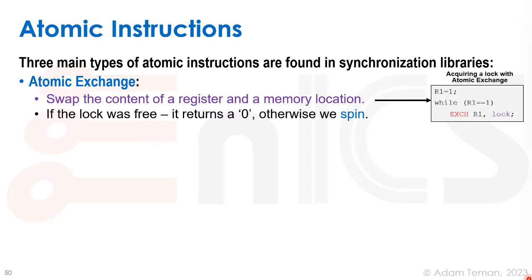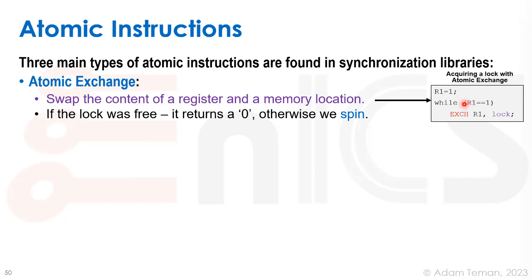Why does that help us? Well, we have some sort of an operation like this, where we have this atomic exchange that keeps on exchanging the content of some register R1 with the memory location that is inside lock. So why does it help us that we keep on exchanging or swapping these two things? Well, we have this spin while R1 equals 1, and we initialize R1 to 1.